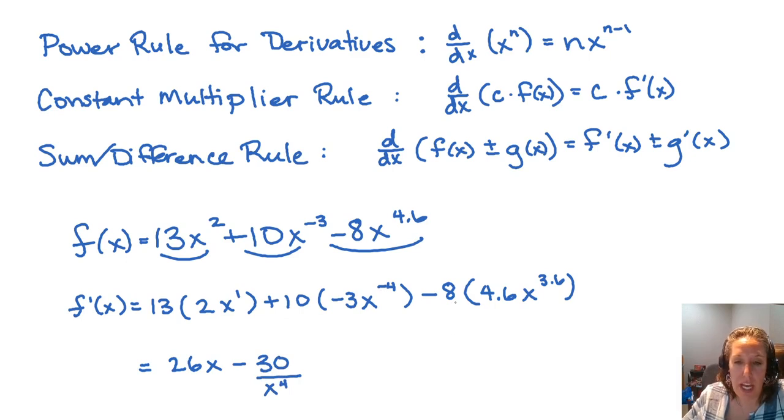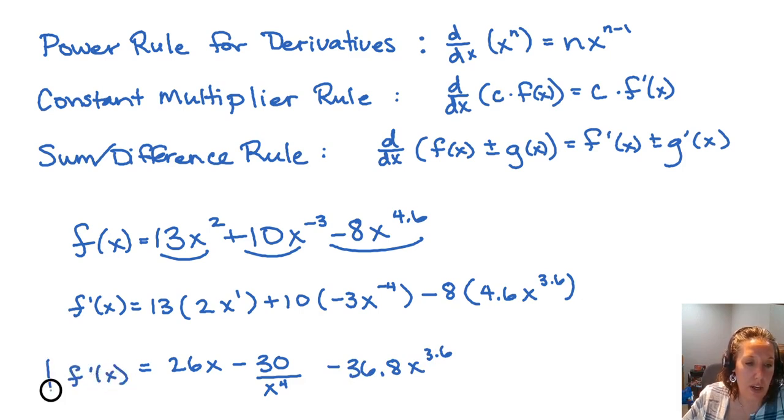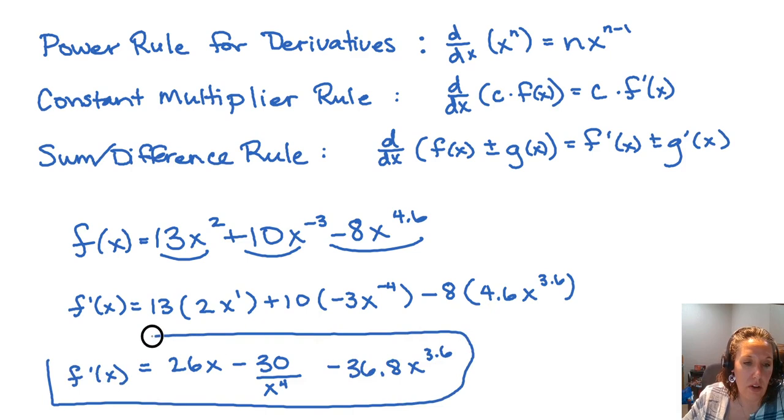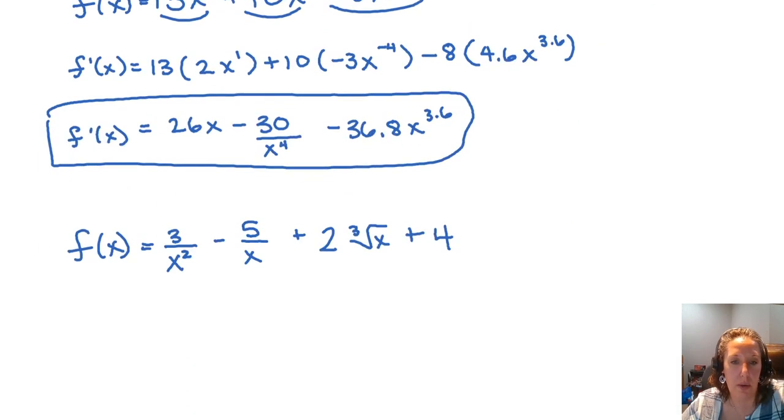And then our last term, negative 8 times 4.6 is negative 36.8 x to the 3.6. And that would be our derivative for that first function. All right, let's take a look at another example.